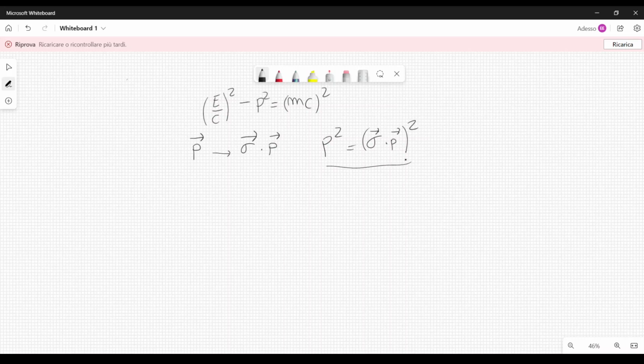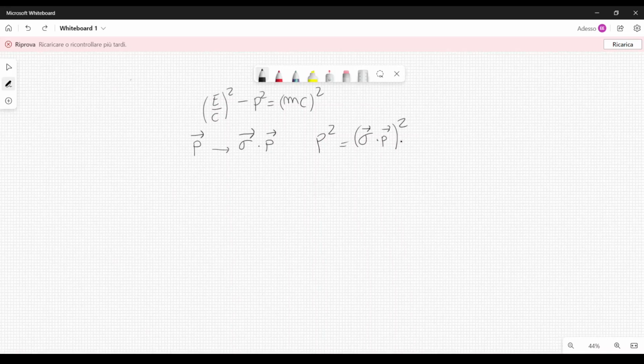But by doing so, we are also adding more components. We are considering spinors because this is a vector of matrices, and when you consider the square of this, yes, it is equal to p², but now it's as if we also have an identity matrix here, a 2 by 2 matrix, multiplying this thing on the right.